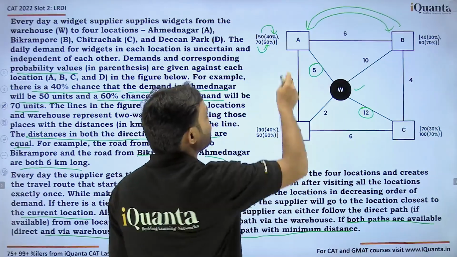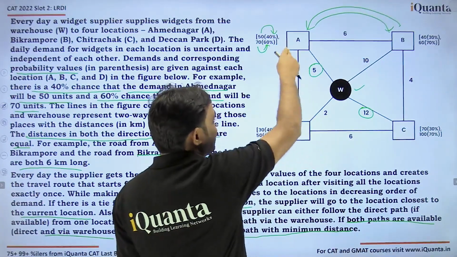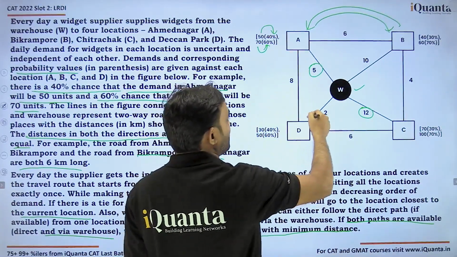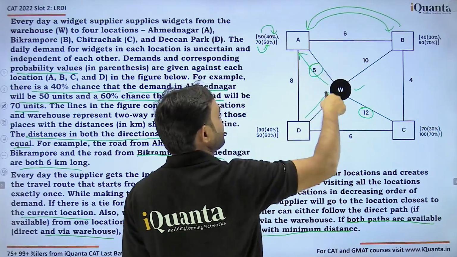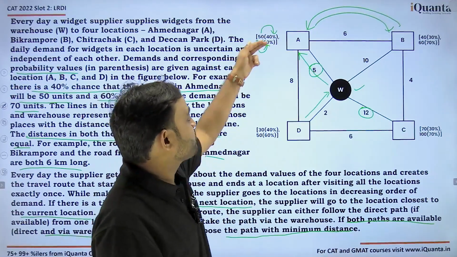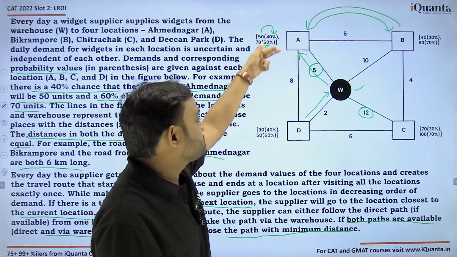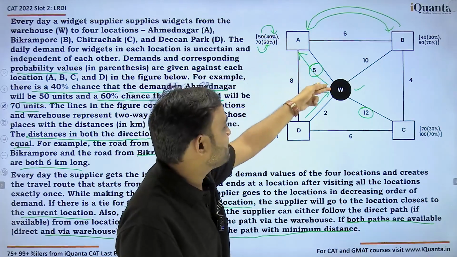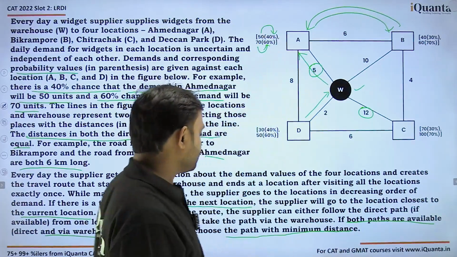But in case of C to A, the direct distance is 8 km, while via warehouse the distance is 7 km. So if the supplier is choosing to go from A to C, he won't choose the direct path, he will choose via W and vice versa.